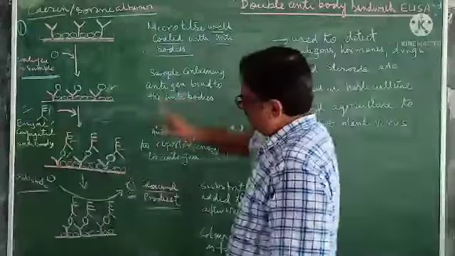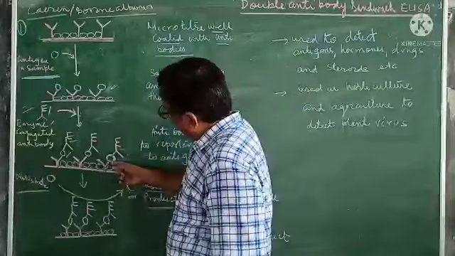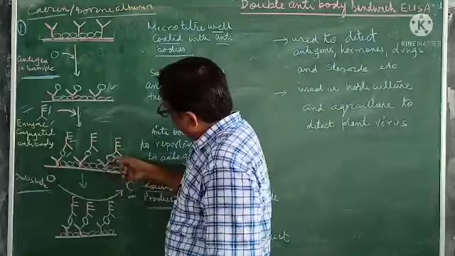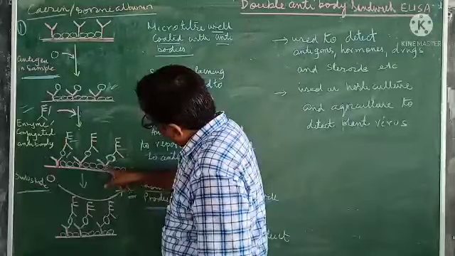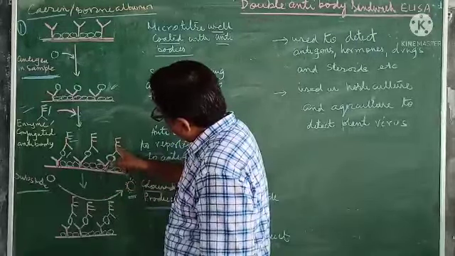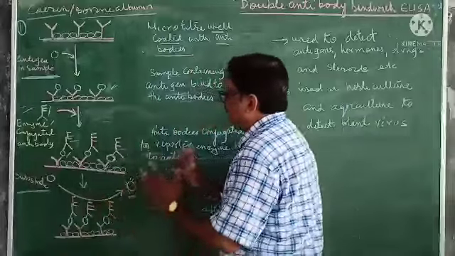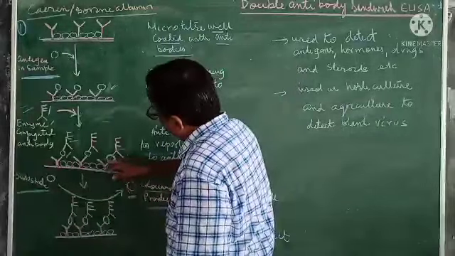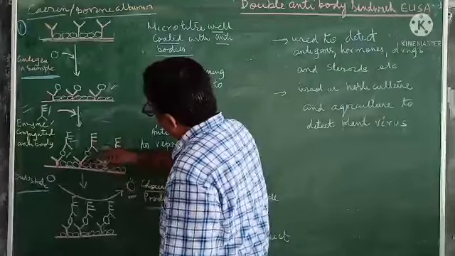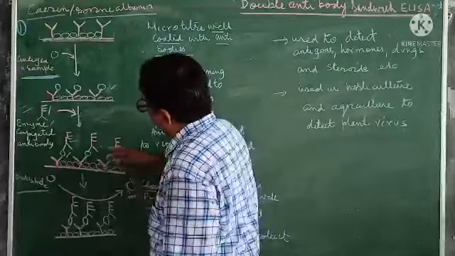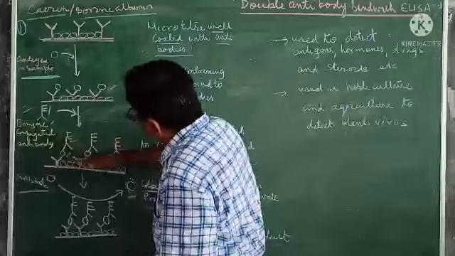It is called double antibody sandwich because the antigen is bound from the lower side by an antibody and from the upper side, so from both sides the antigen is sandwiched by two layers of antibodies. One layer is this and another layer is this.